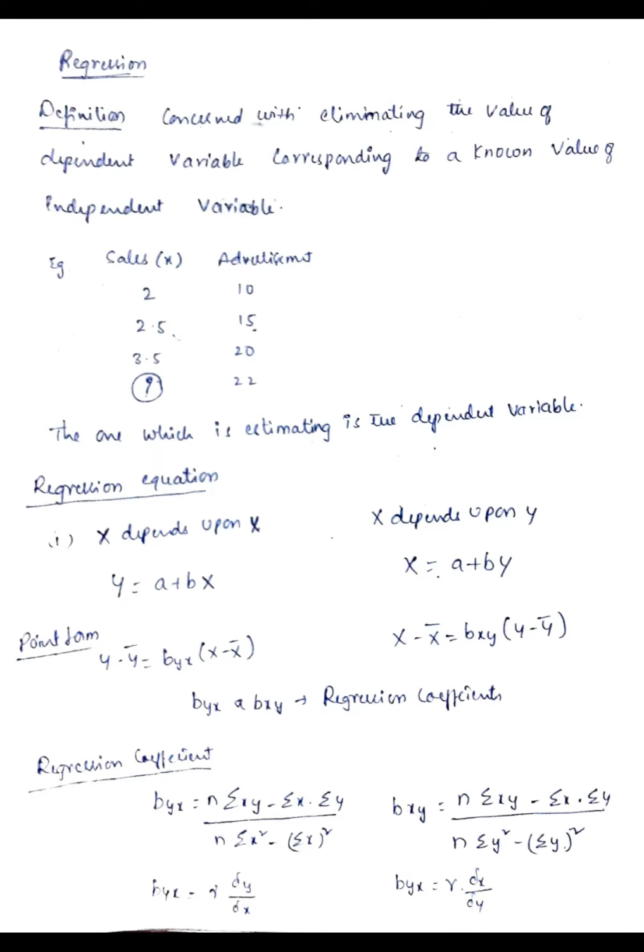Next, for bxy: n summation xy minus summation x into summation y, divided by n summation y square minus summation y whole square. Clear? Other formulas are also there to find the regression coefficients: byx equals r delta y by delta x, and bxy equals r delta x by delta y.